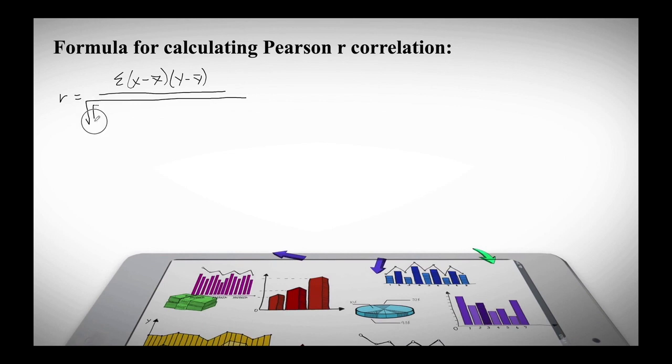So we have here summation of x minus x bar squared, bracket, another opening bracket, for the summation of y minus y bar squared. Okay, so that is for the Pearson R correlation.